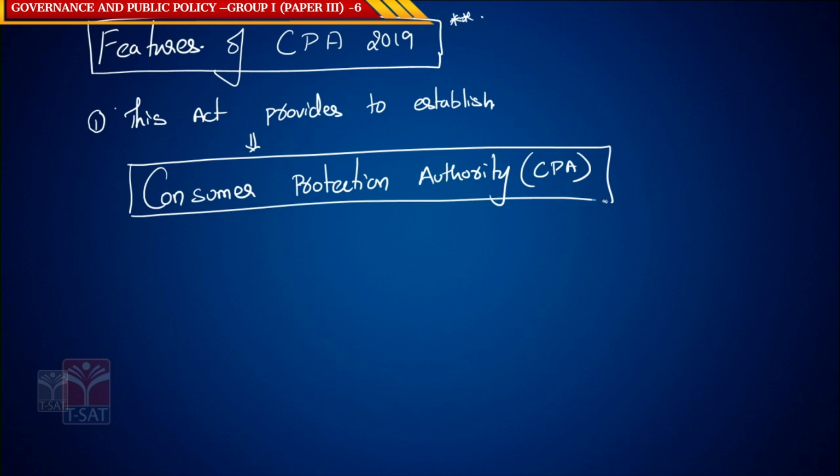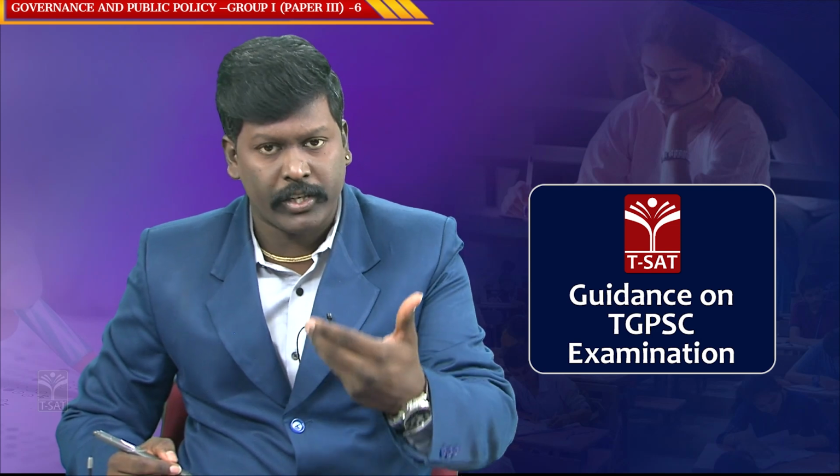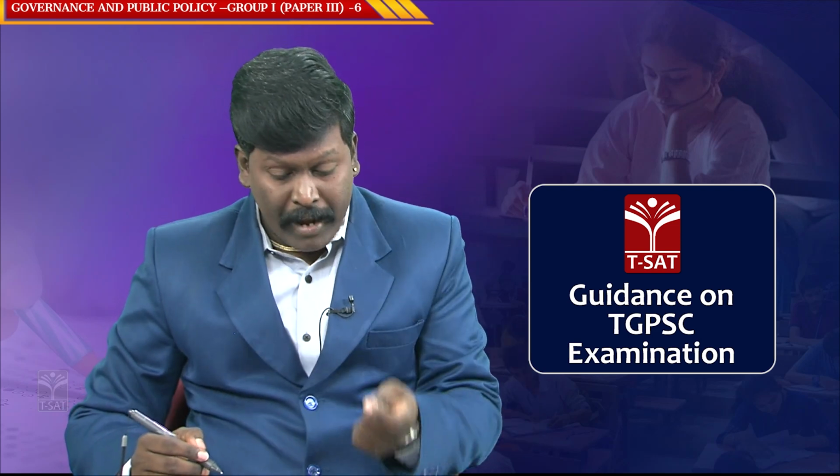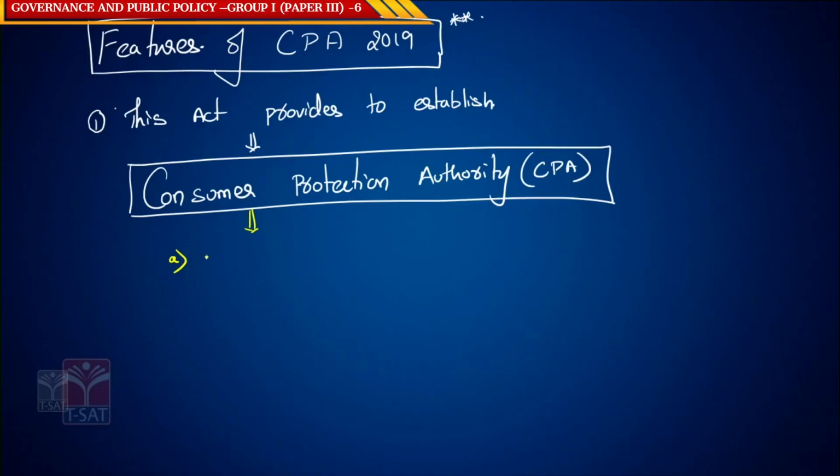Now, what is the role of this Consumer Protection Authority? What is the main role to be performed by it? The main role of the Consumer Protection Authority is to protect the interest of consumers. How?